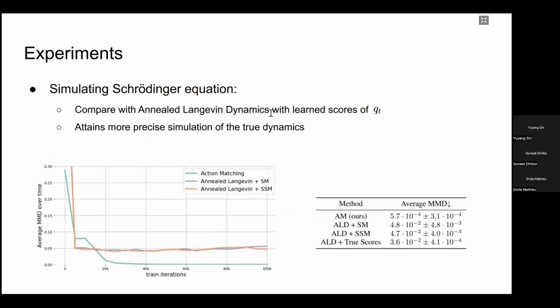They use Langevin dynamics to sample the marginal distribution at each time, so simulating q_t using the learned scores of q_t. Then it's probably worse than this approach, because learning scores might be difficult, but learning the dynamics might be simpler. And so they achieve a more precise simulation of the true dynamics, showing this ring curve. So this is the experiment where they showed the benefits of their proposal.